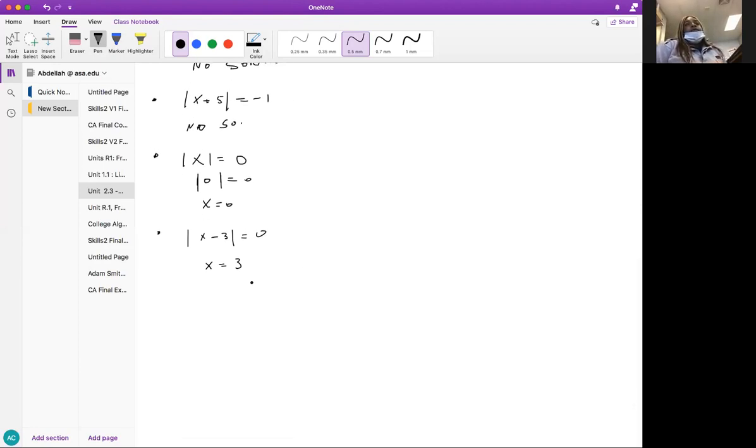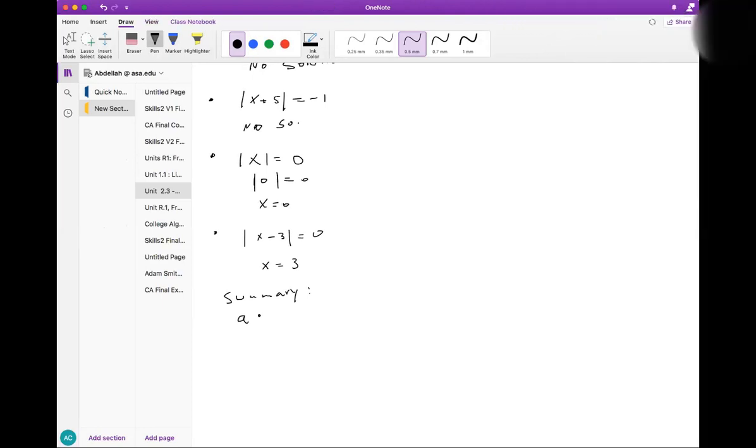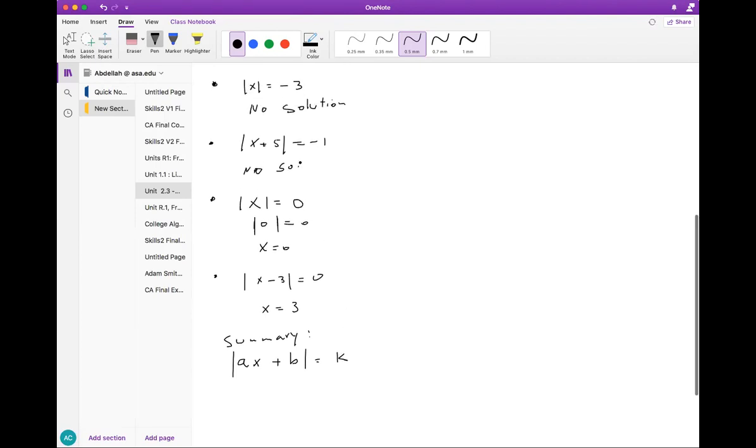Okay, let's summarize all this in these three different cases. This is the standard or general form of all absolute value equations. It's usually the absolute value of ax plus b, an equal sign, and then some number k, for example 0, -1, 6, and so on.